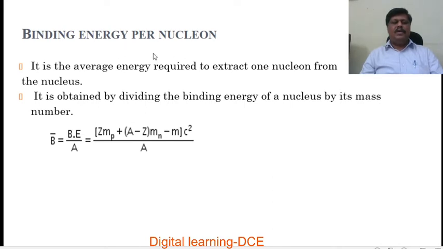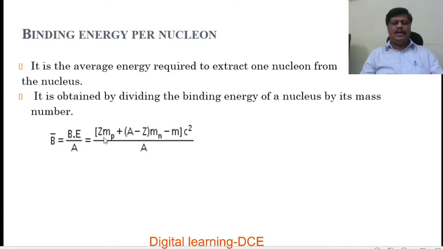If we divide total binding energy by mass number, we get the binding energy for each nucleon, called binding energy per nucleon. So, binding energy per nucleon is equal to binding energy over mass number.